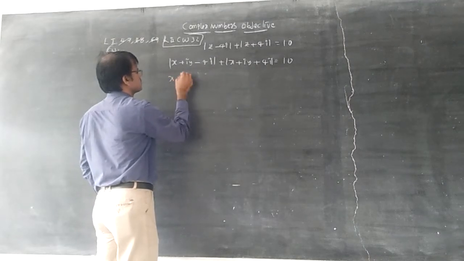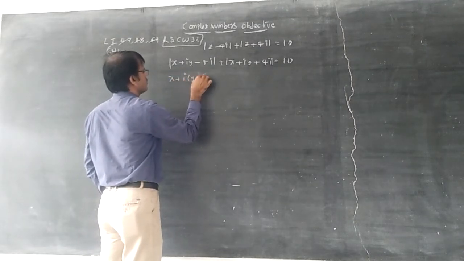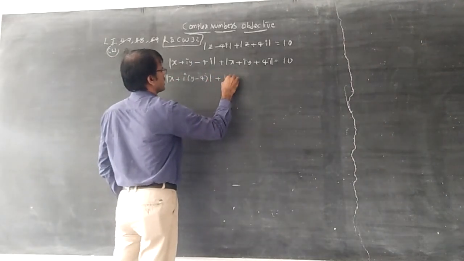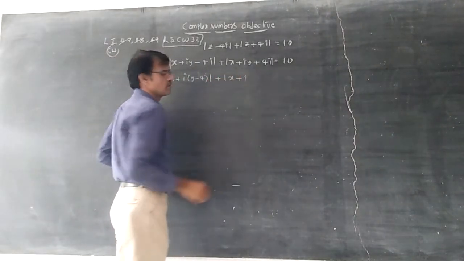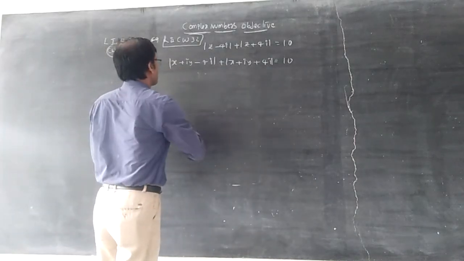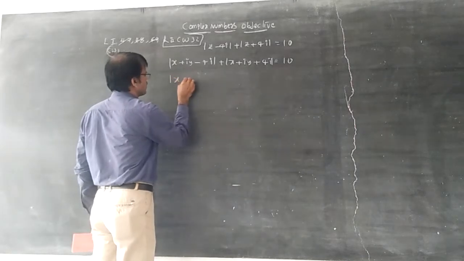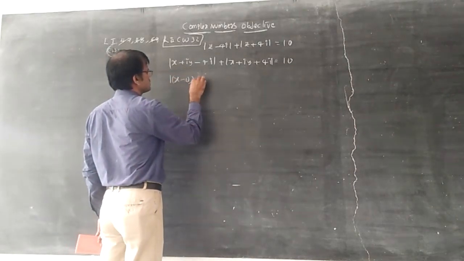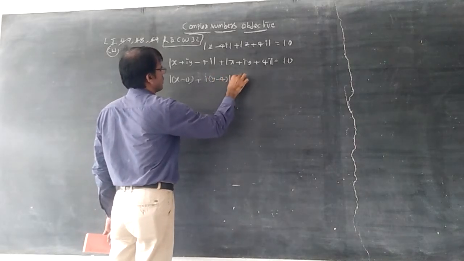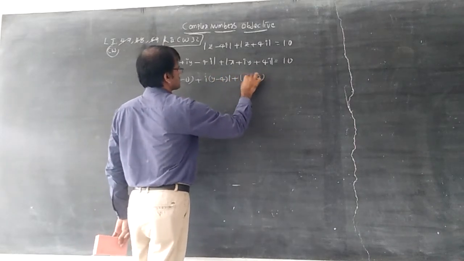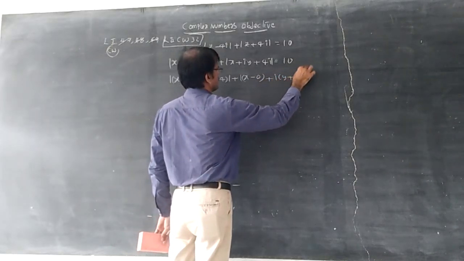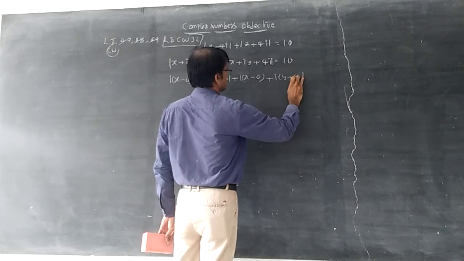Writing it as modulus of (x minus 0) plus i into (y minus 4), plus modulus of (x minus 0) plus i into (y plus 4), is equal to 10.